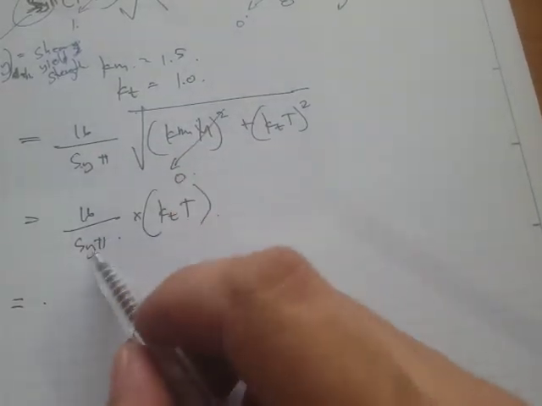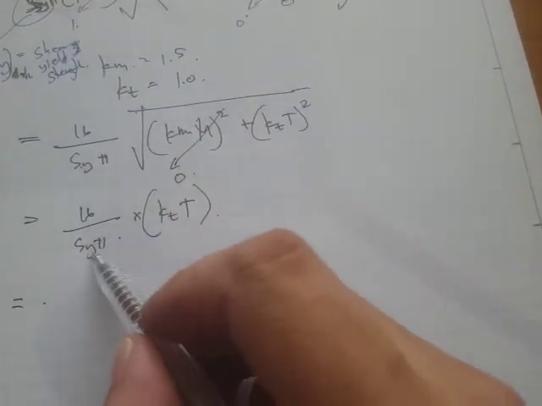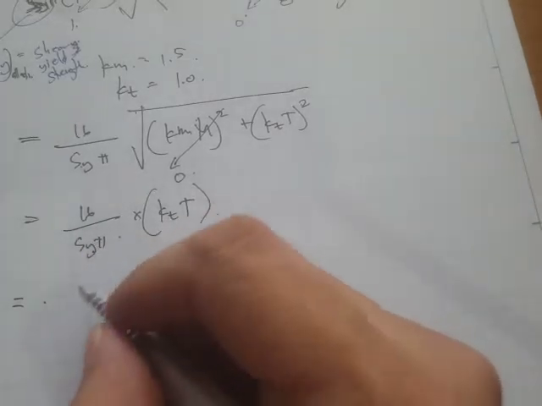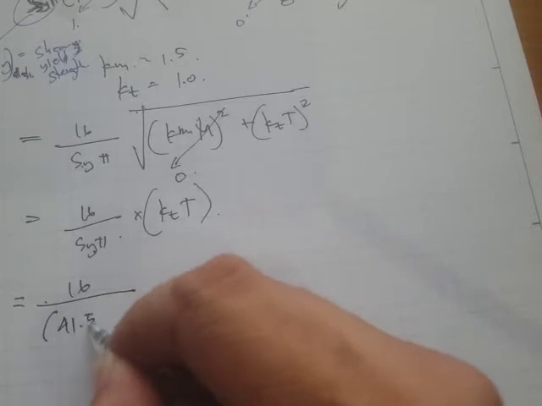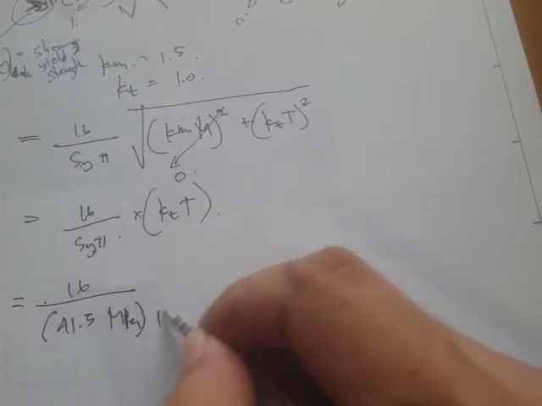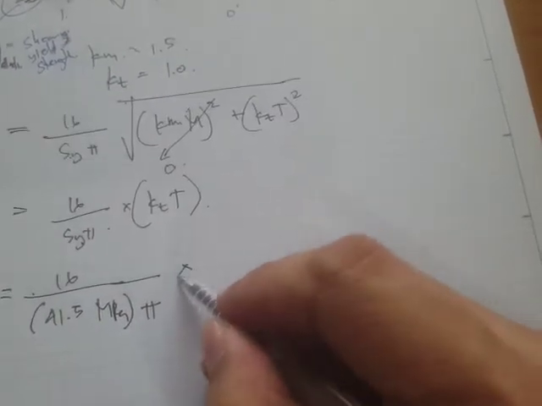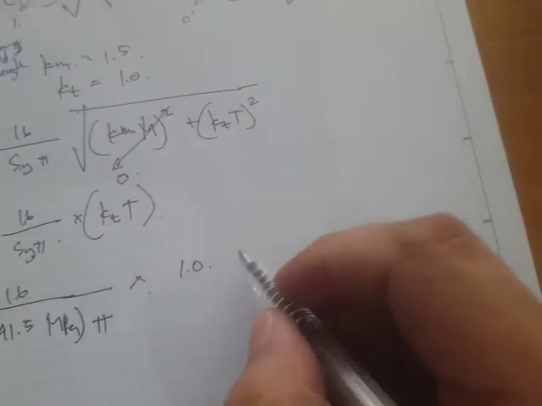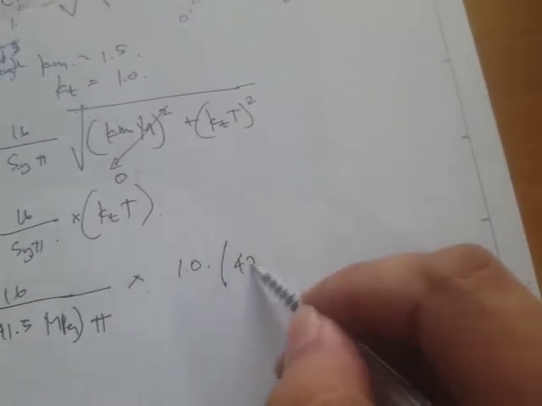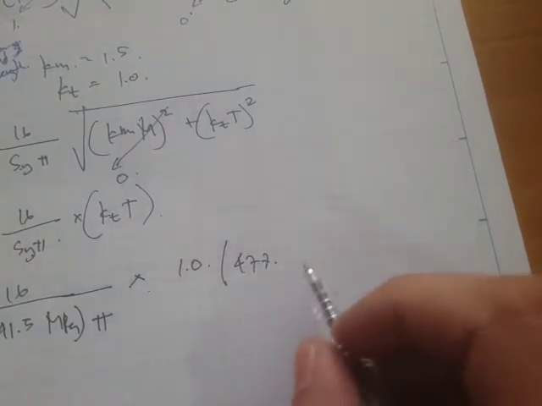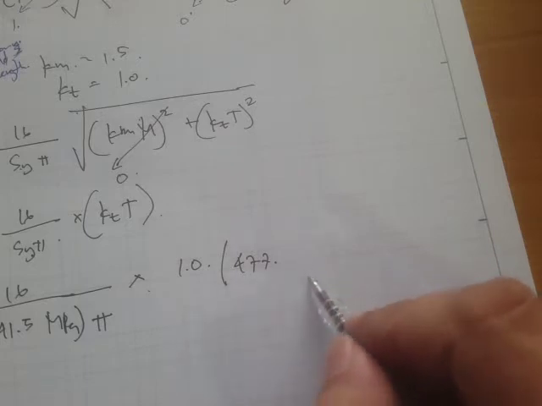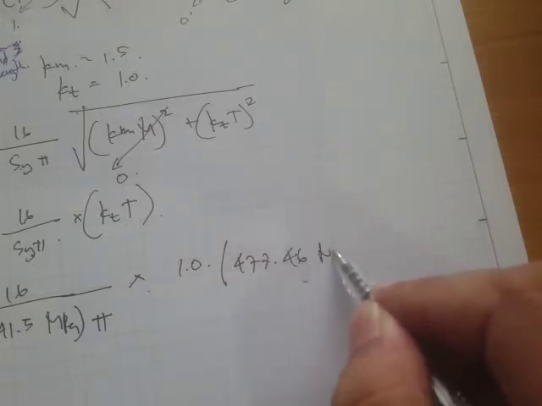So what is S sub y? Let's substitute the values. This is 41.5 megapascals times pi times 1.0 times the torque of 477.46 newton meters.